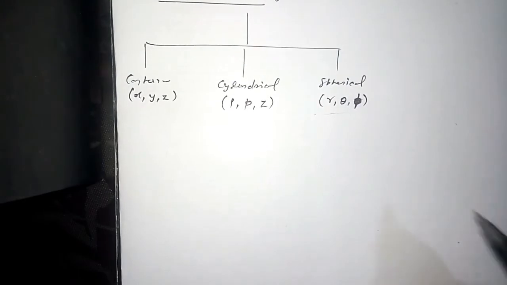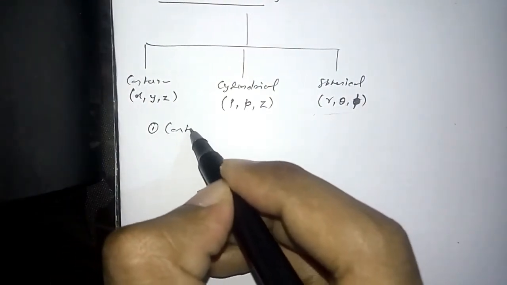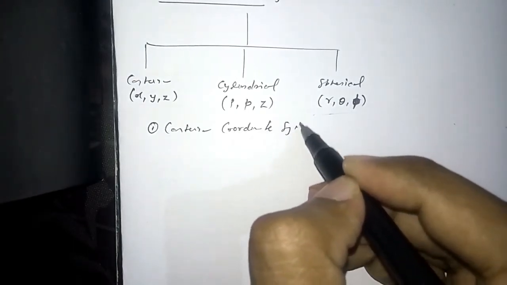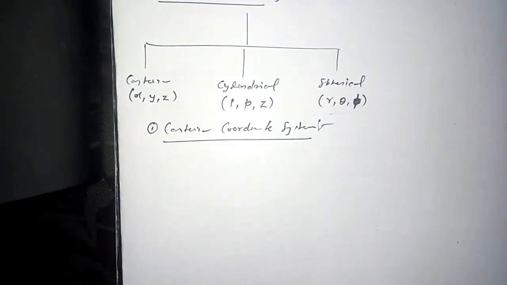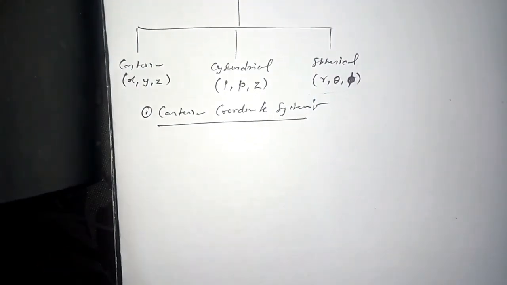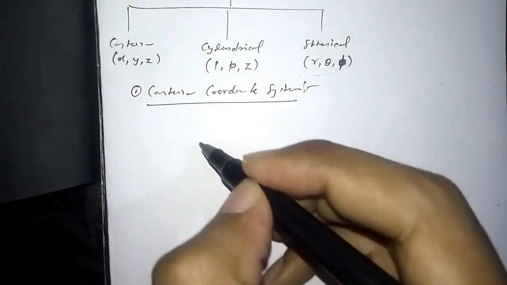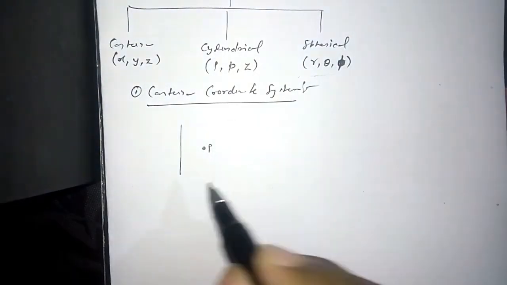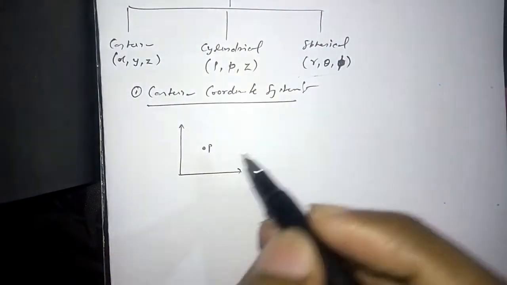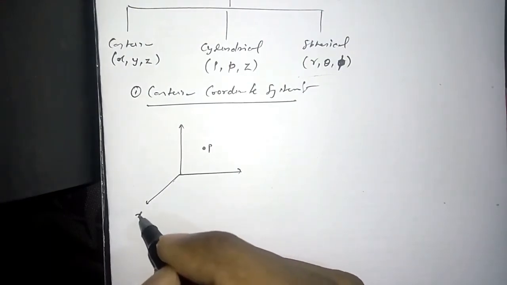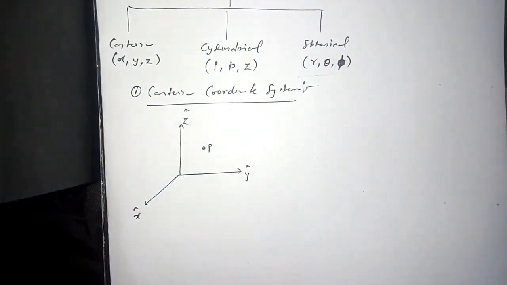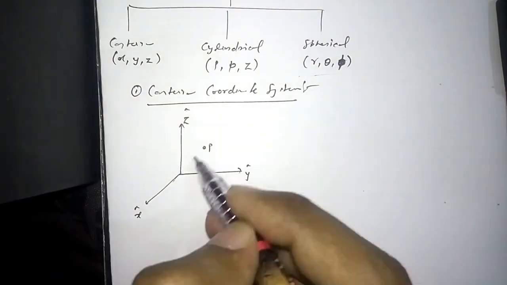So let's discuss Cartesian coordinate system first. In this coordinate system, let's say we have a point P and we have to represent this point P. So we have to draw 3 coordinates, which is x, y, and z. Let's imagine that you are at the center of your room and you are watching a corner like this.